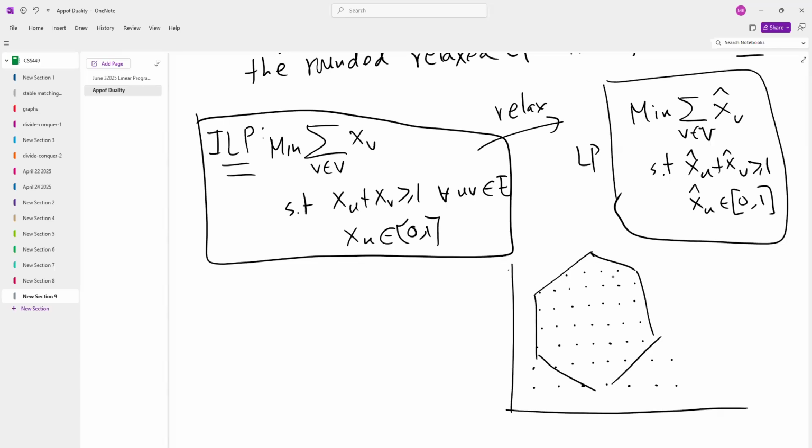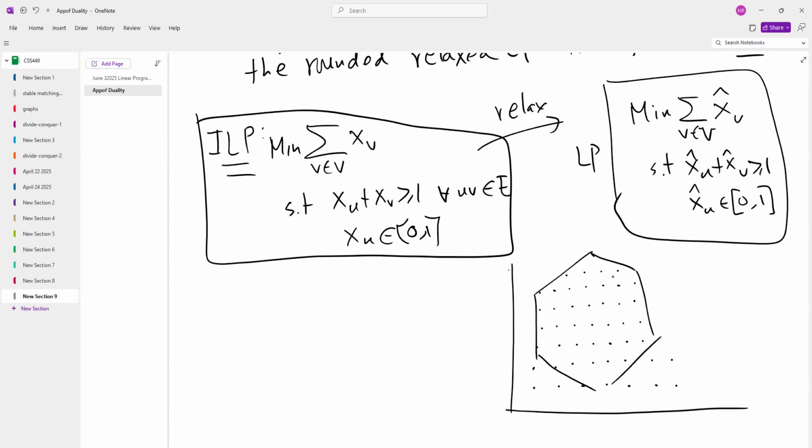But if I relax and solve an LP, then I can find the minimum over the whole region, because there are real points between these four points, and I can find a further minimum from there.